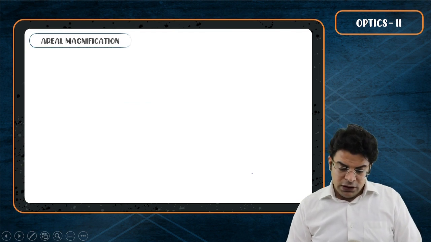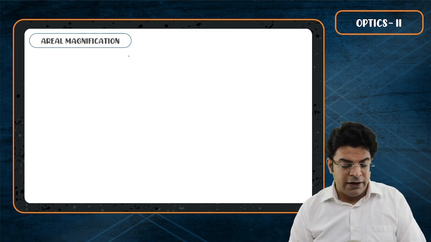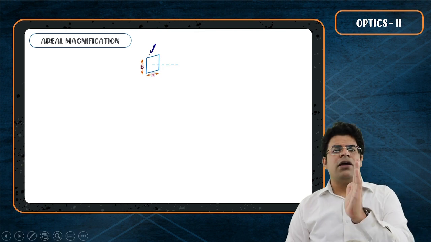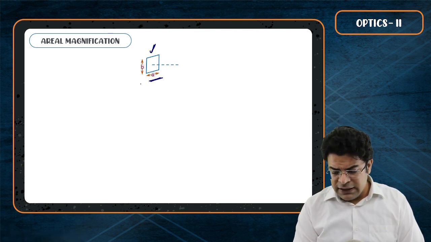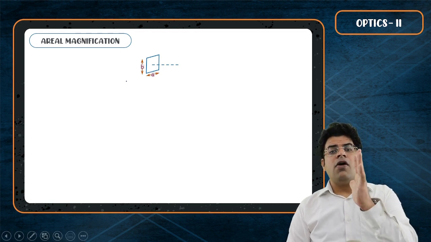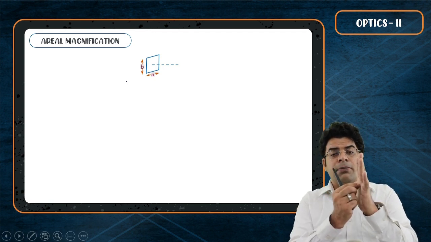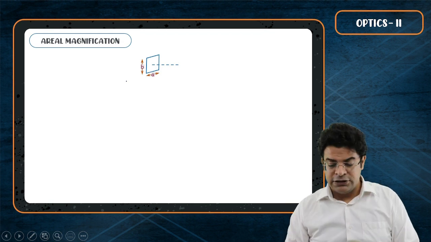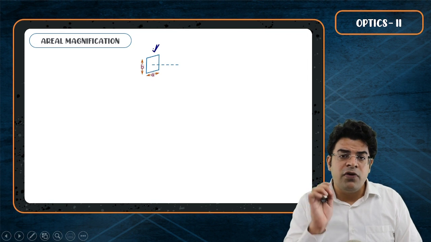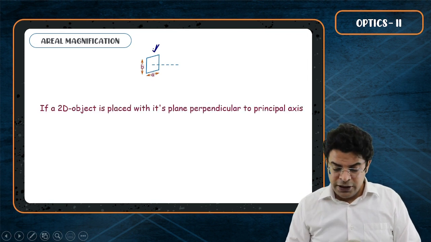Now moving on and talking about areal magnification. Let's say you have got a rectangular plate of base length a and height b placed such that the plane of this rectangular plate is perpendicular to the principal axis. And you have got a spherical mirror which forms the image of this plate.